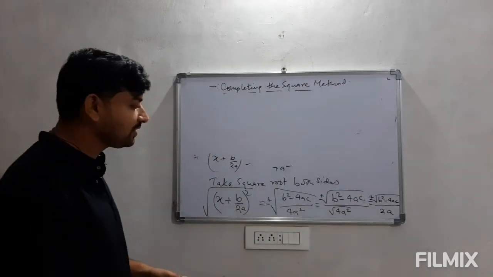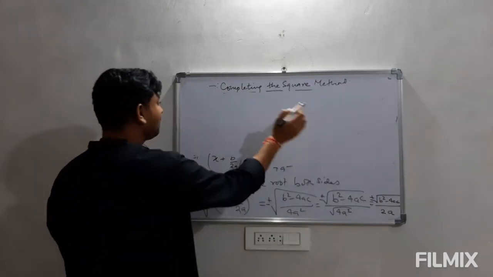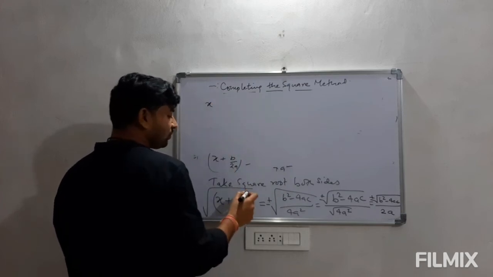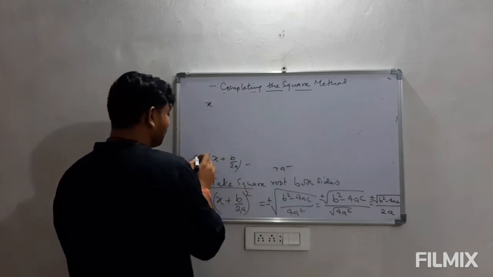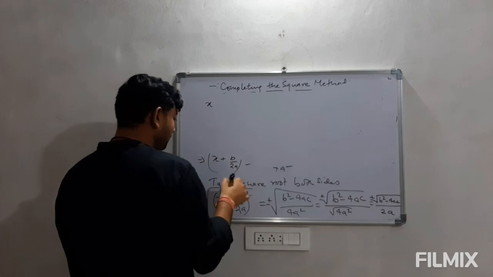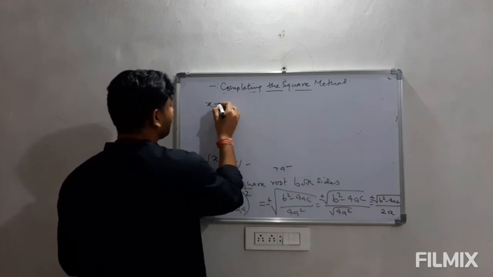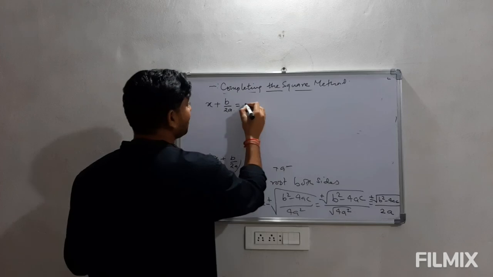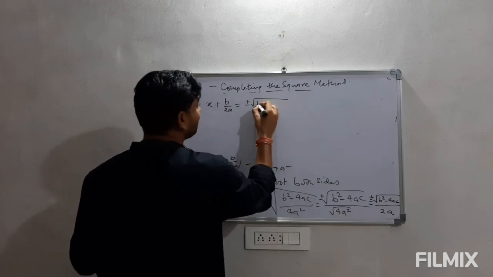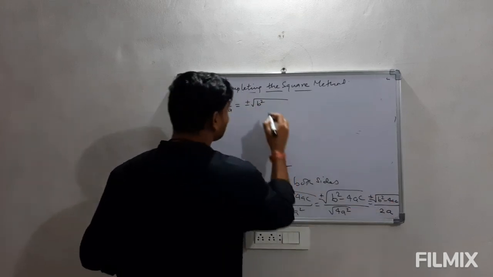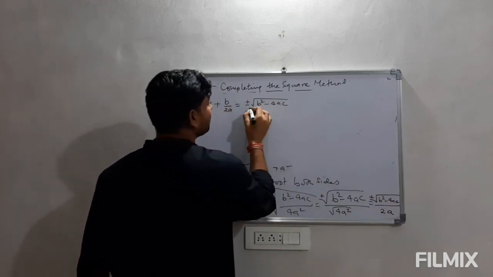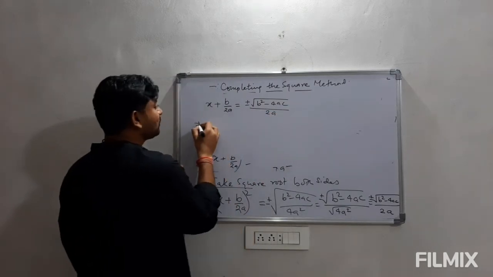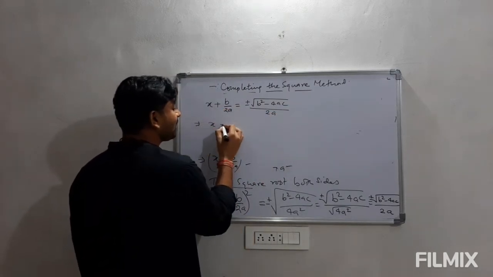So from here what we are getting, here when we take square root, this 2 will be cancelled with square root, as I explained you in the previous part. So that is x plus b upon 2a simply is equals to, we are getting here plus minus under root b square minus 4ac upon 2a. Now we need the value of x, so we have to shift this term to RHS.